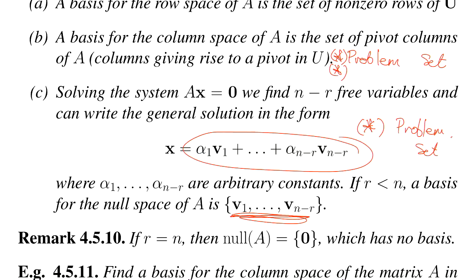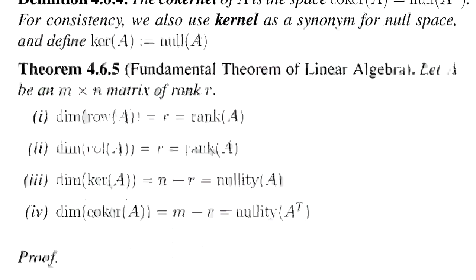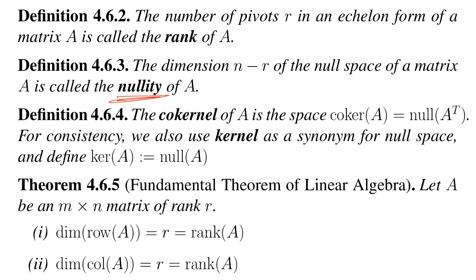The nullity is the dimension of the null space. Okay, so the nullity is counting how many free variables you have in the homogeneous solution, and the rank is counting how many leading variables you have, right? So nullity is how many free variables, rank is how many leading variables when you're trying to solve the homogeneous equation.